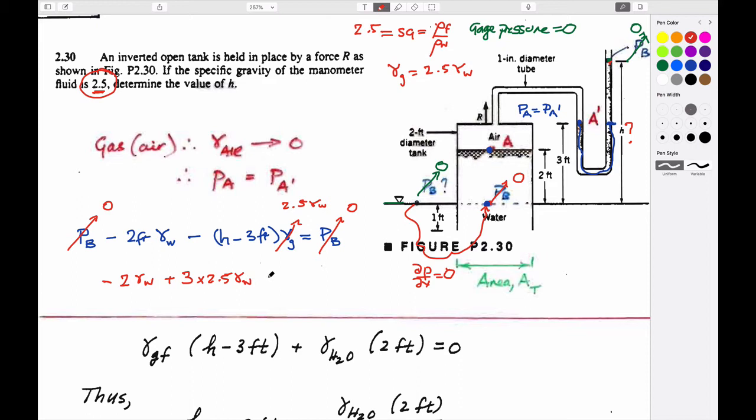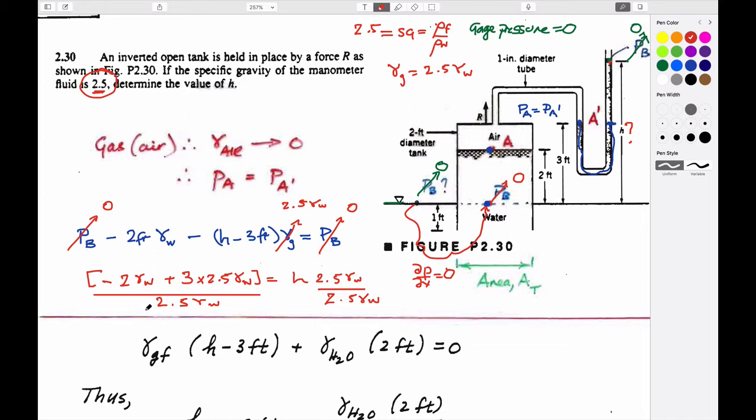And I'm going to add on the other side, is equal to H times gamma W. And if I just divide both sides through by 2.5 gamma W, we have an answer, right? So we have the height is equal to some magnitude, and you can work it out from this.